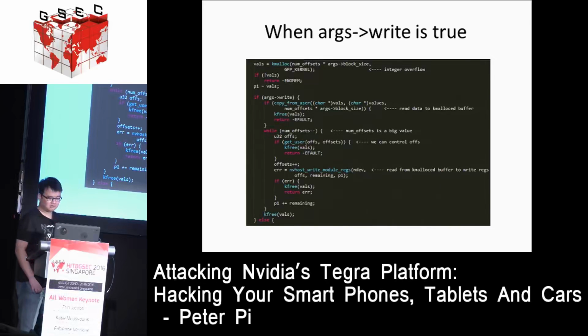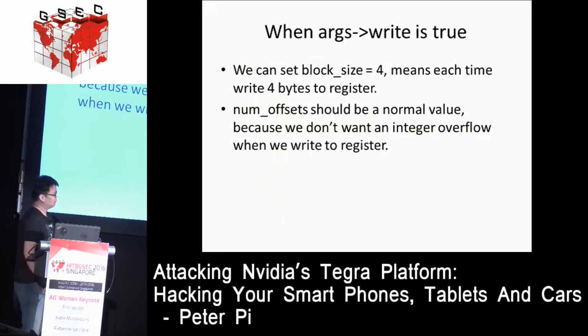So the block size is the count. So we can set block size to 4, meaning each time write 4 bytes to register. So the number of offsets should be a normal value, because we don't want an integer overflow when we write to register.